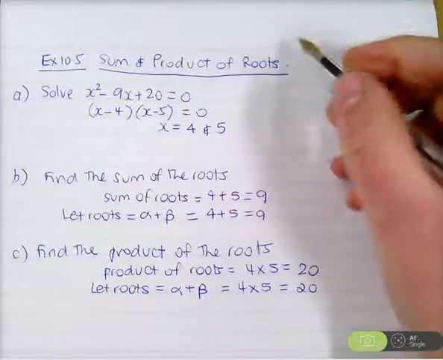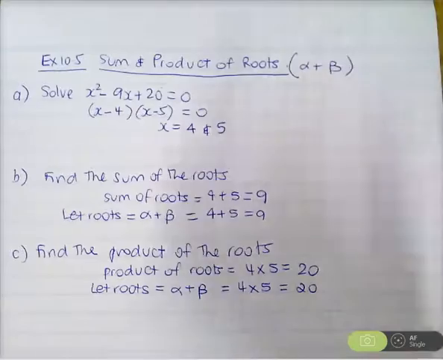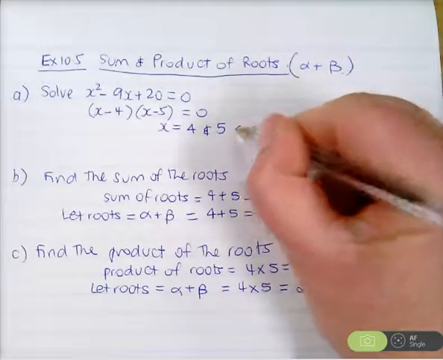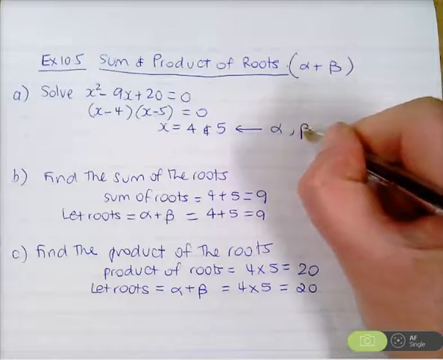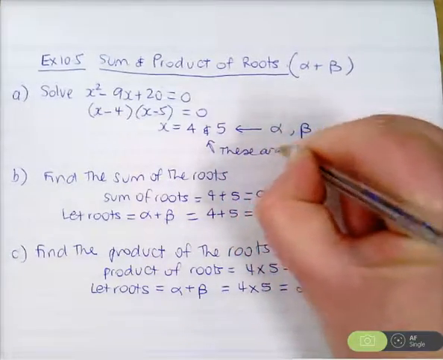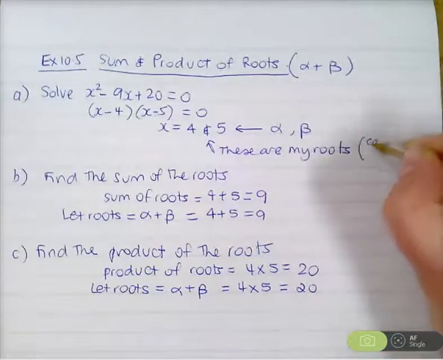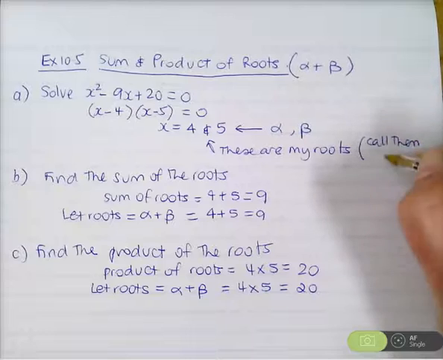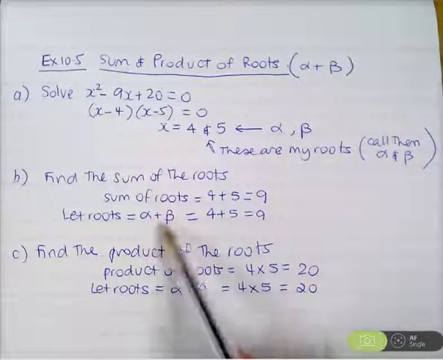So when we talk about our roots, we're going to let the roots be alpha and beta. We're looking at the sum and product of roots. These 4 and 5 are my alpha and my beta. They're my roots, and I'm going to call them alpha and beta. When I say sum of roots, I want to know what alpha plus beta is.